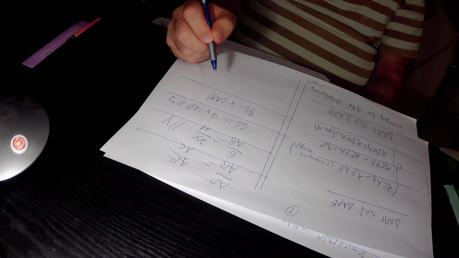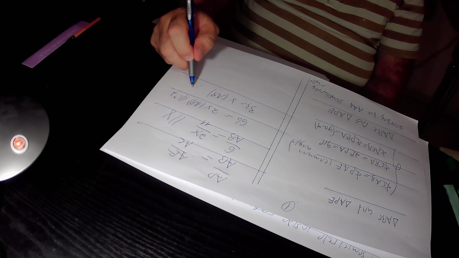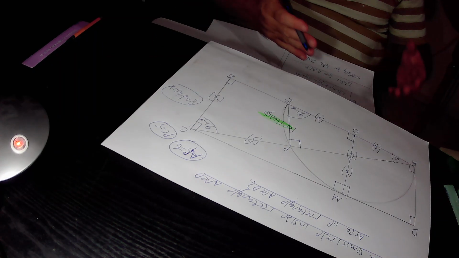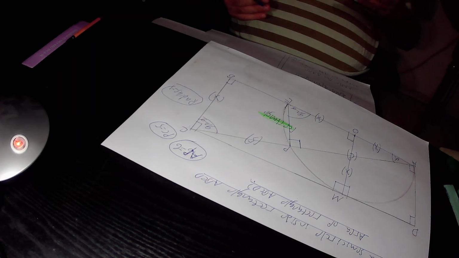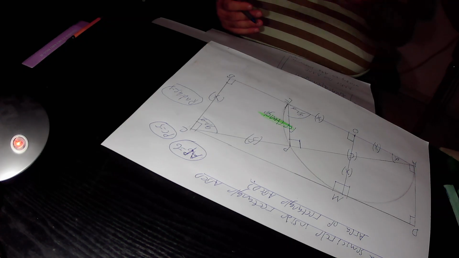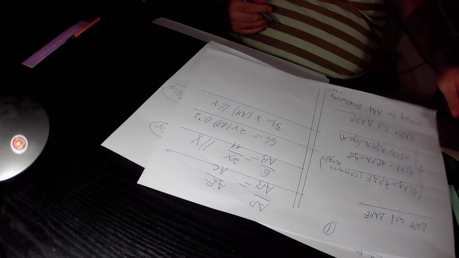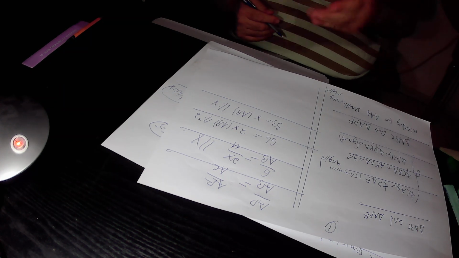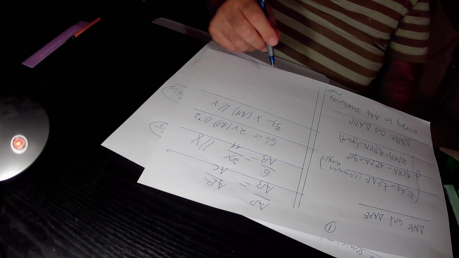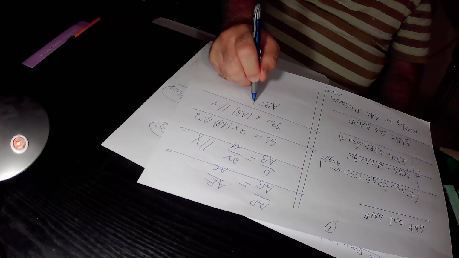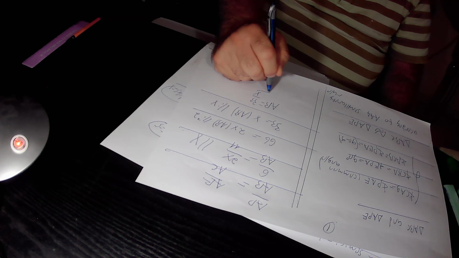So here we will divide this equation by x. It is allowable to divide the equation by x because x is the radius of this circle, so it can never be equal to 0. It must be a positive number. So here we get that AB equals 33 over x.